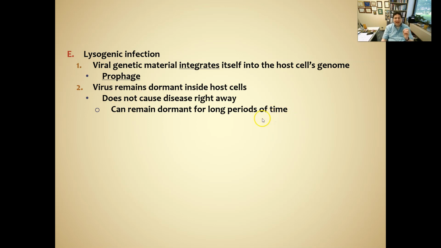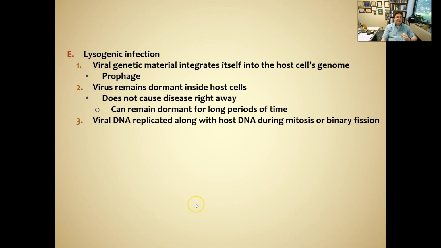And because it has integrated itself in the host cell's DNA, if that host cell divides by, say, mitosis or binary fission like bacteria, the viral DNA is copied along with it into the daughter cells. Now, that can go on for a long time, even years. Eventually, we reach a stage called induction.